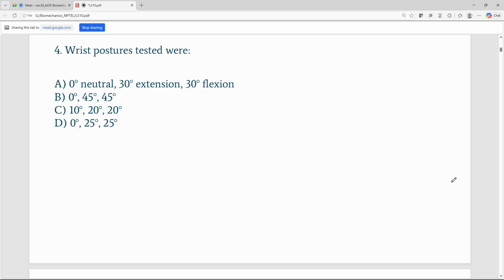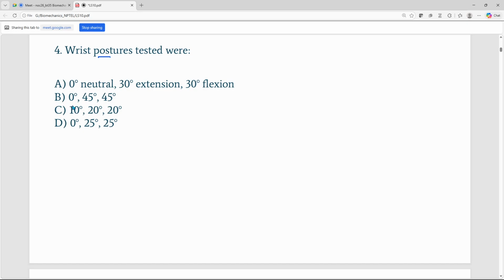In the two studies discussed in the videos of week 10, one study is studying the effect of wrist postures on finger interdependence or force generated in fingers. Which of the following were the ranges of angles of wrist postures tested in that study? Option A, 0 degree, that is neutral, then 30-degree extension, and 30-degree flexion.